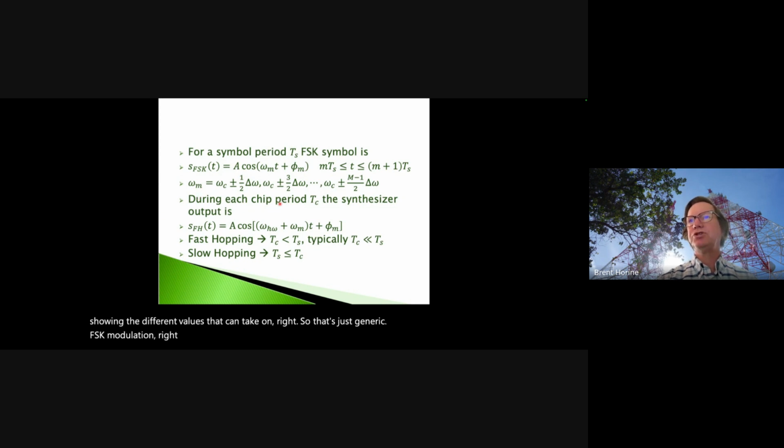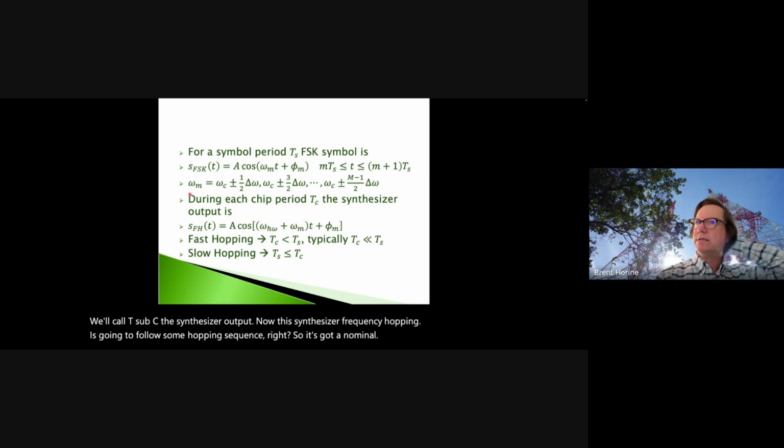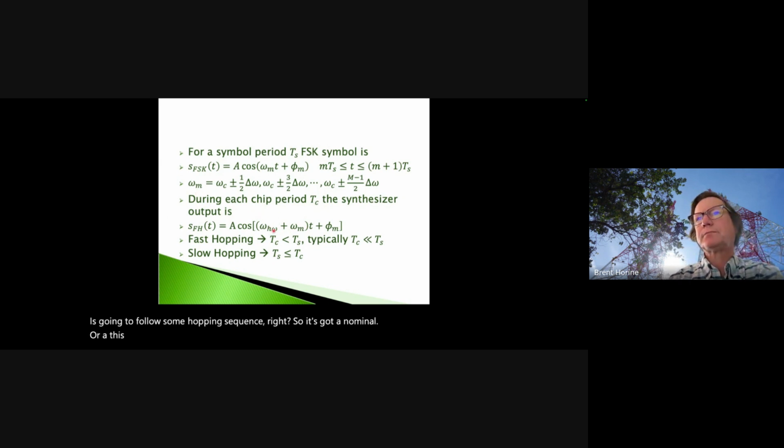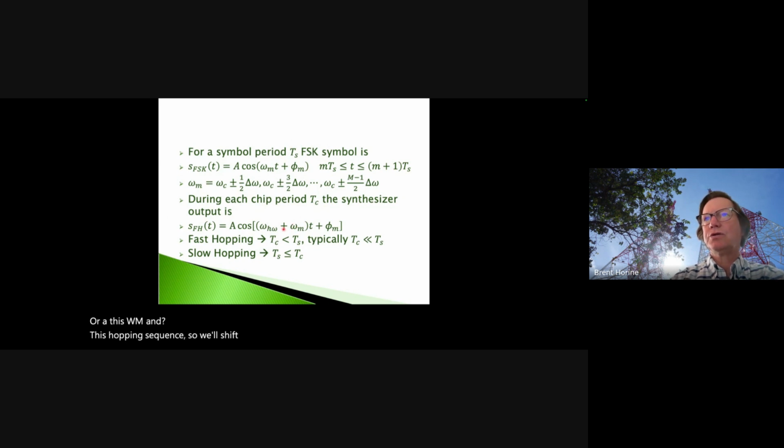Right? Now, during each chip period, we'll call T sub C, the synthesizer output. Now, this synthesizer frequency hopping is going to follow some hopping sequence, right? So it's got a nominal omega m and this hopping sequence. So we'll shift this according to this hopping sequence, right?